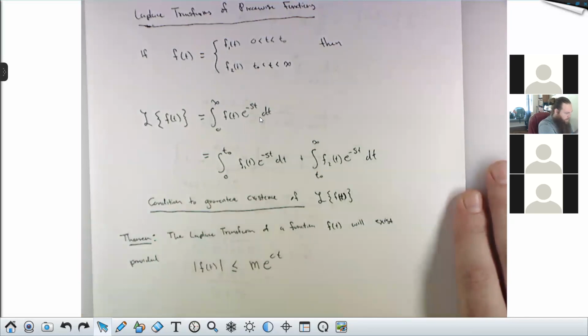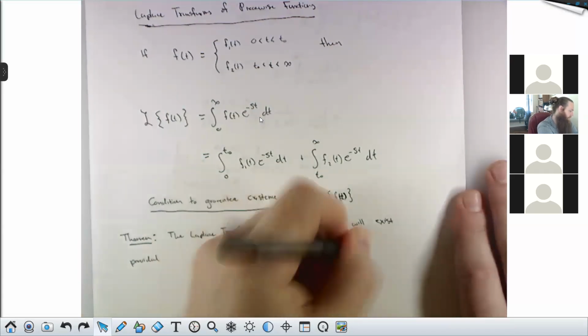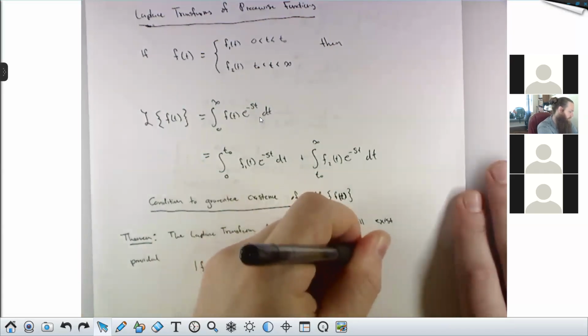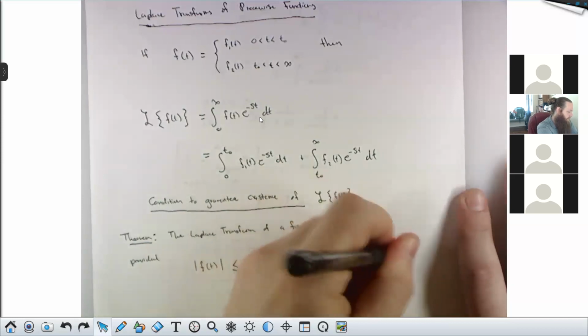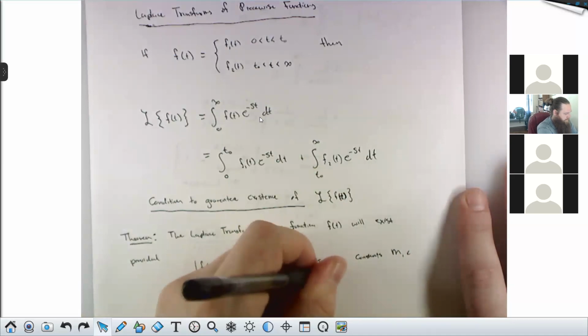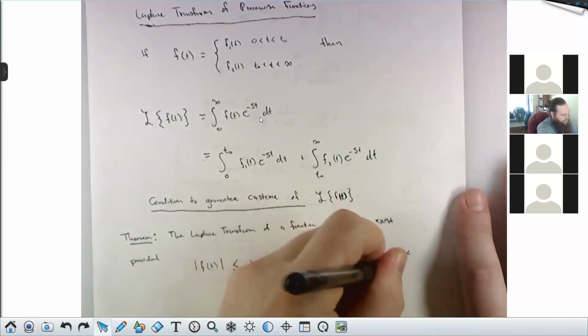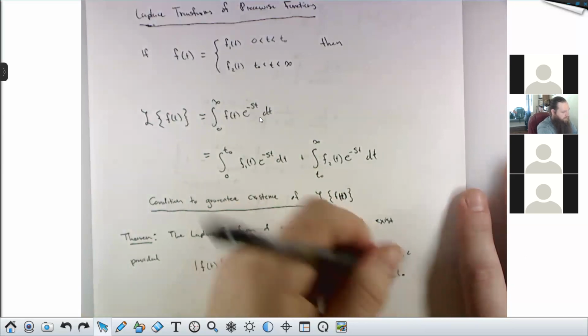And it doesn't need to hold forever. This is for some constants m and c, holding for all t bigger than some t naught.